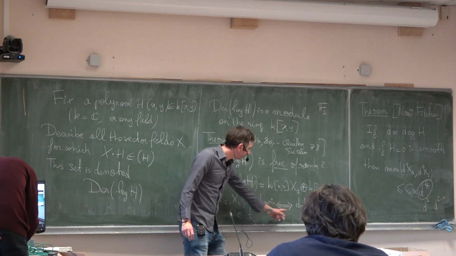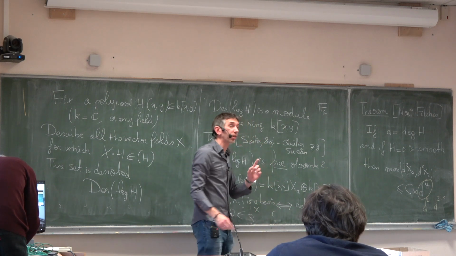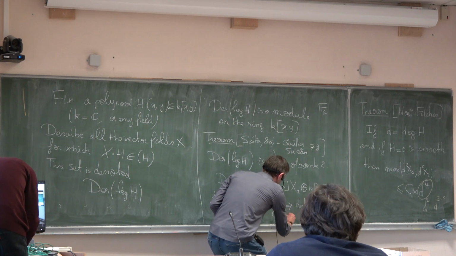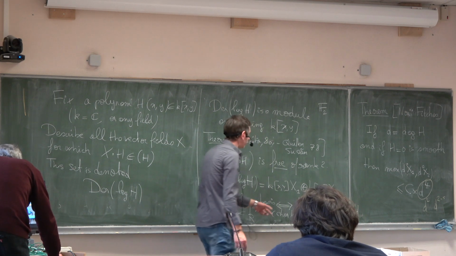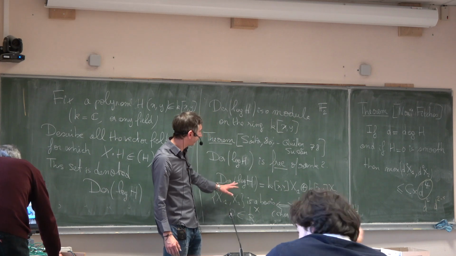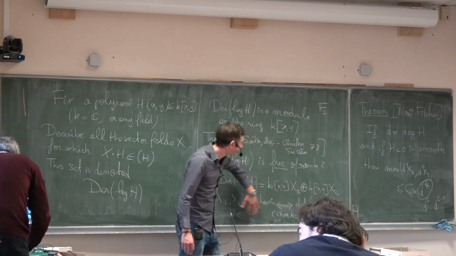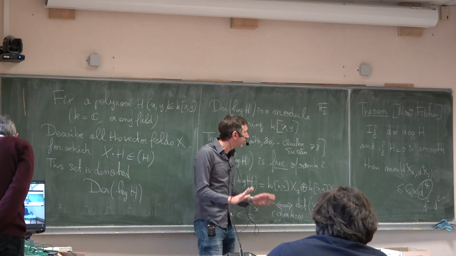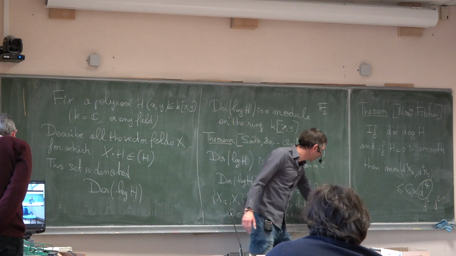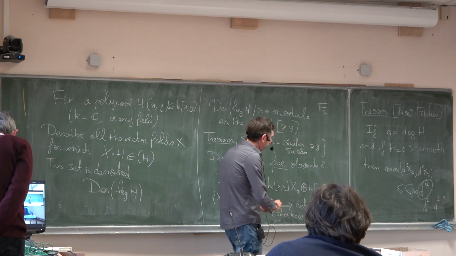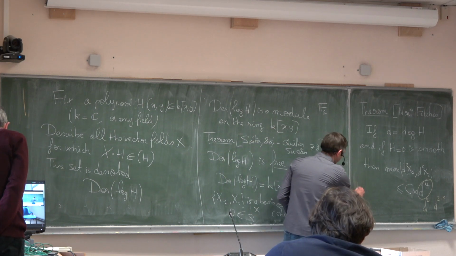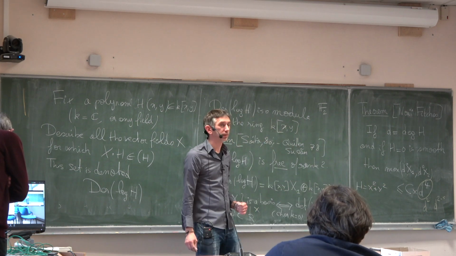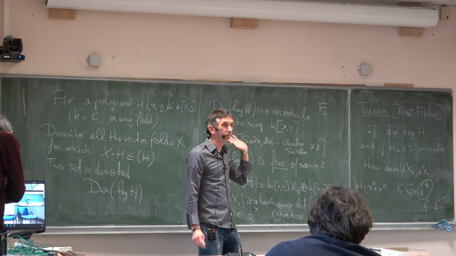Oh yeah, there is this criterion: the characteristic of the field should be 0. Because if you are in positive characteristic, the theorem is still true, there is still a basis, but this criterion is no more true. In most situations it is still true, but in very special cases, for instance, if you are in characteristic 2 and you look at this curve, any derivation is going to be equal to 0.